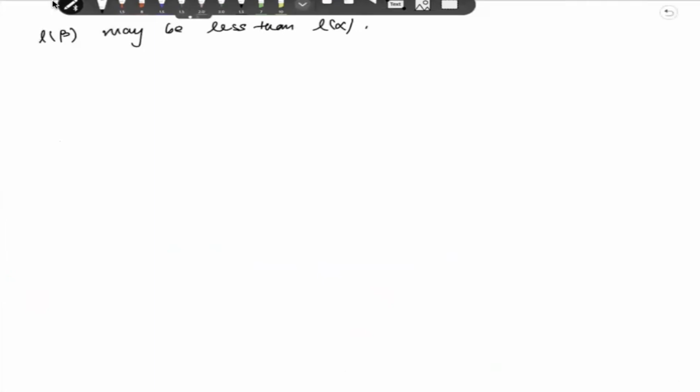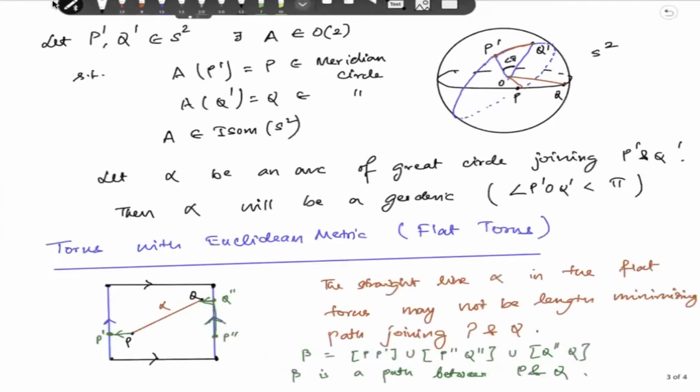Therefore, geodesics in this torus will be a little complicated.